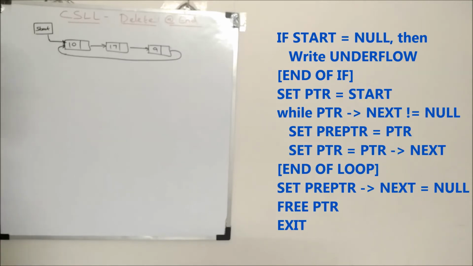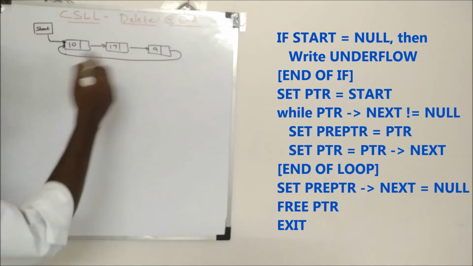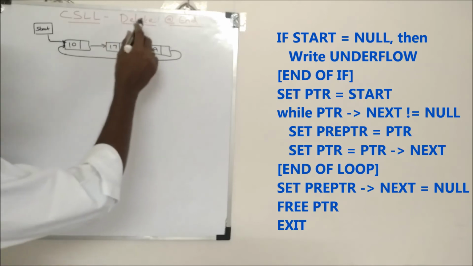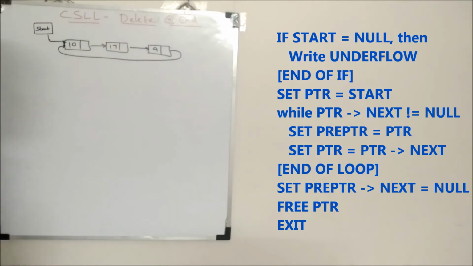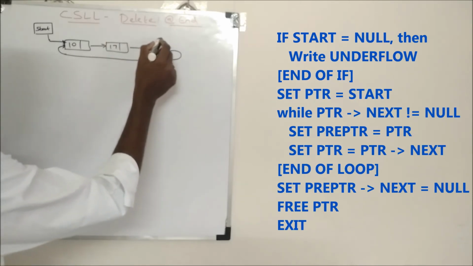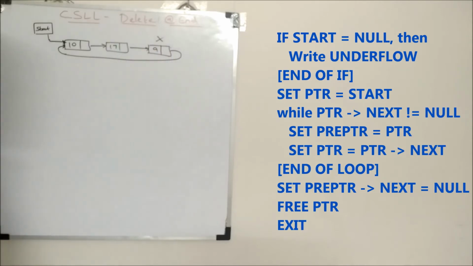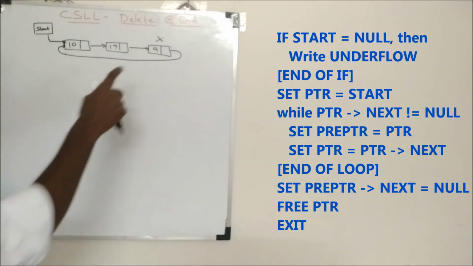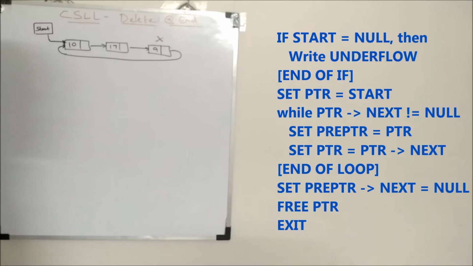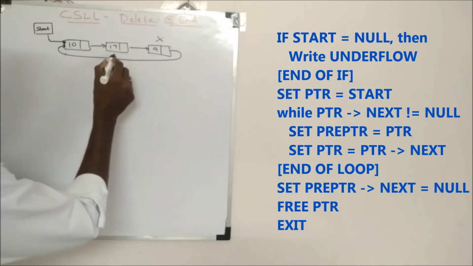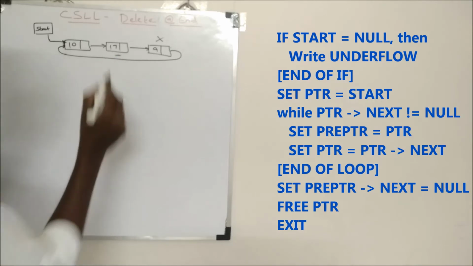Now we see how to delete a node at the end of a circularly singly linked list. Imagine a circularly singly linked list with 3 elements. Now we are going to delete a node at the end, which means we are going to delete node 9. If I want to delete this node 9, what do I have to do? I have to find out the name of this node.